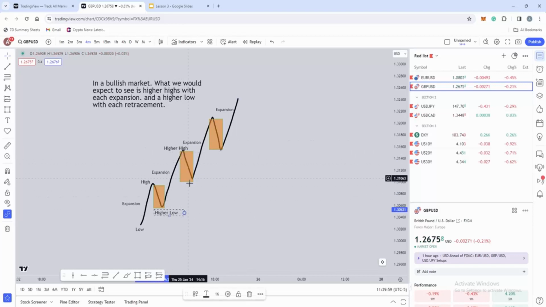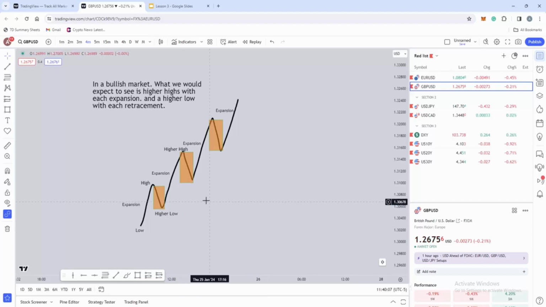And then same thing, price retraces to fill an imbalance, and the swing low from this retracement is higher than the previous swing low from the previous retracement. So it's a higher low. And I think you get the idea for this one and this one.